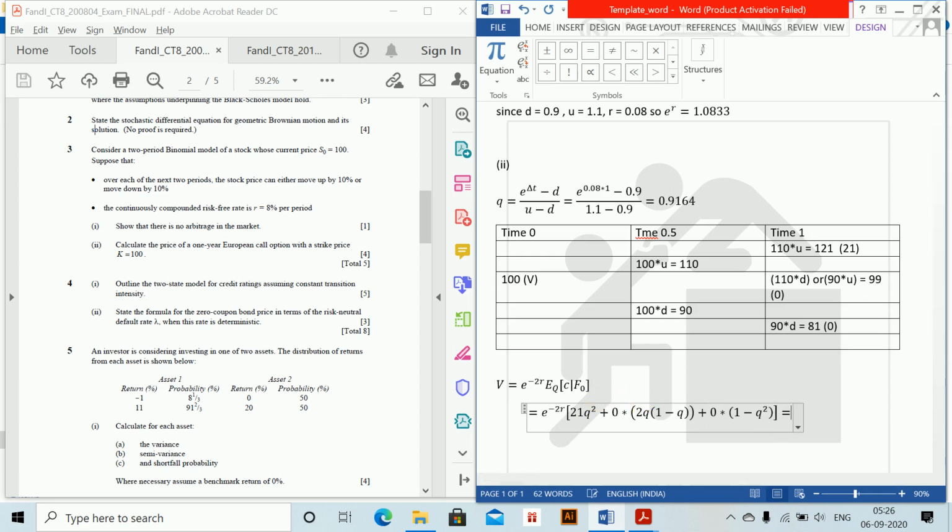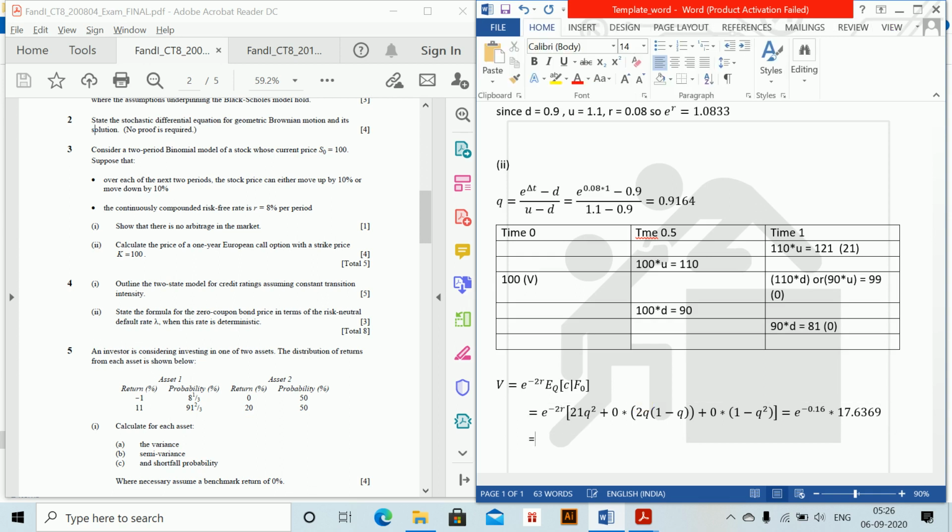So this is equal to e to the power minus 0.16 into 17.6369, which is equal to 15.029.